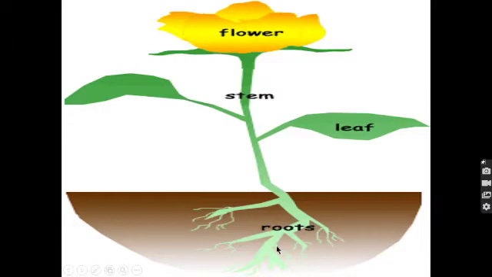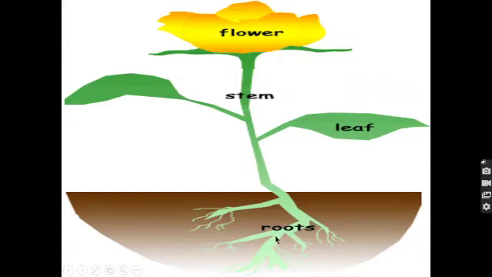Now look at this picture. Here are some parts of the plant. You can see this is called the flower. This is called the stem. And this part is called the leaf. And these are the roots.